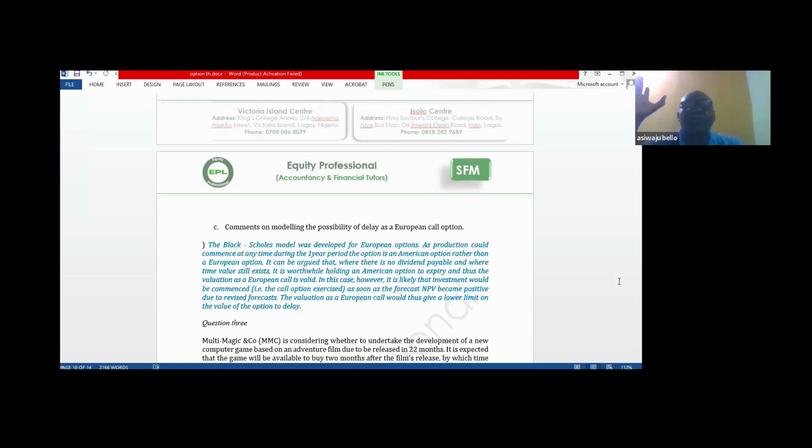That will be fine. But if the option is exercised before 12 months, that valuation above will be wrong. That will be your expected response to requirement C, and by extension to the question from Damilola.